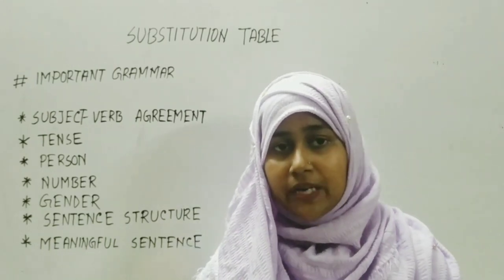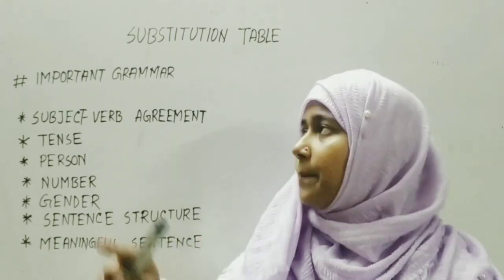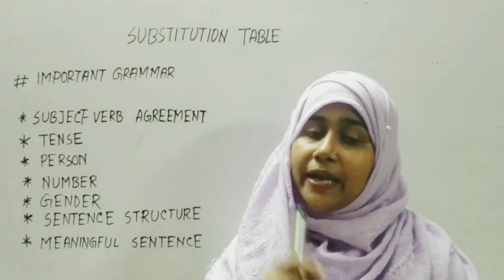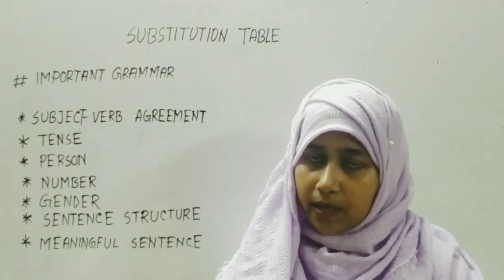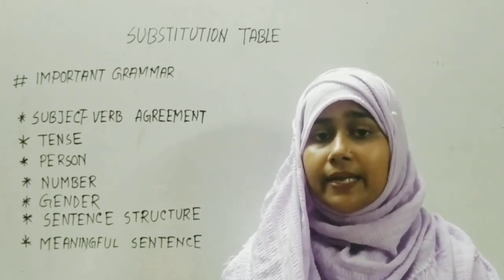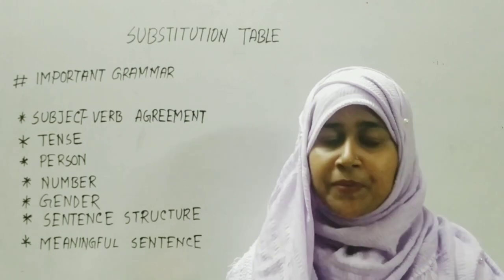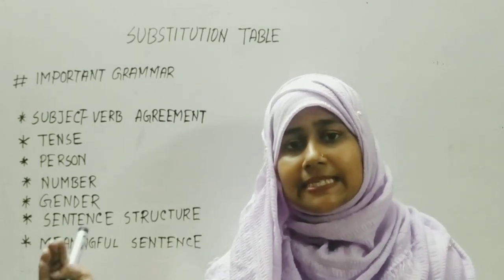You have to know all the rules by taking help from your book. First read all the rules of subject-verb agreement, then try to complete the substitution table using them. I can help you in this sector. What do you mean by subject-verb agreement? If the subject is singular, you have to use a singular verb.